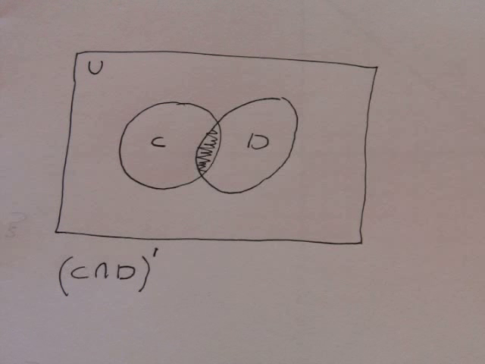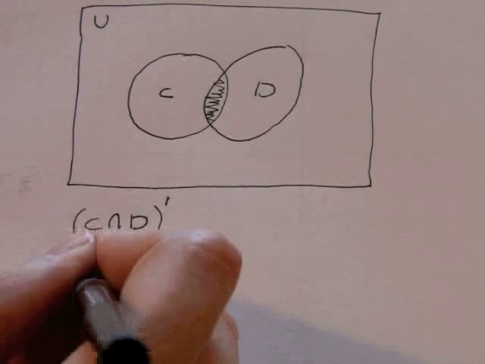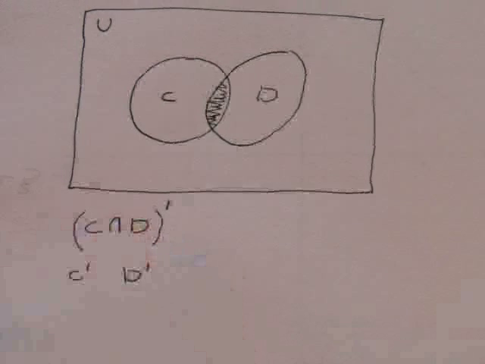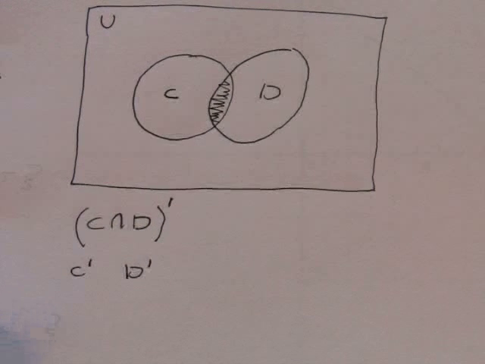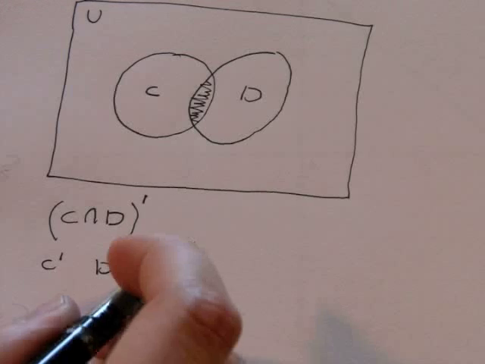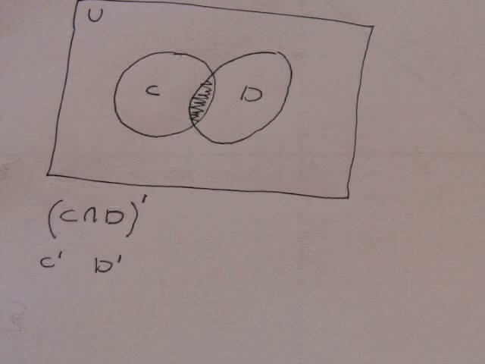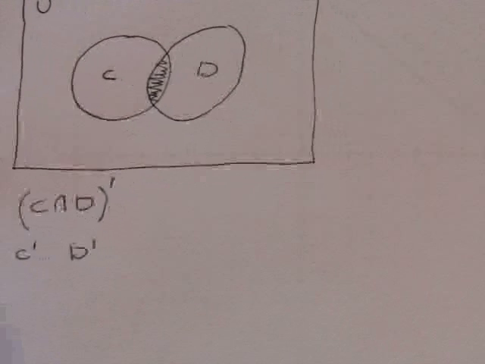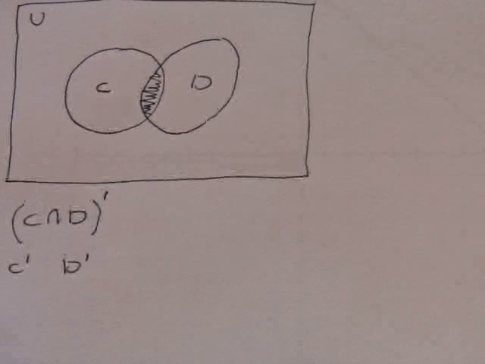Now you can also look at, say you want to look at everything besides C and D. We can either write that simply as C complement and D complement, or what you could do, and mathematicians prefer you write it this way, is look at the union, because the union is both of them combined, if you remember.